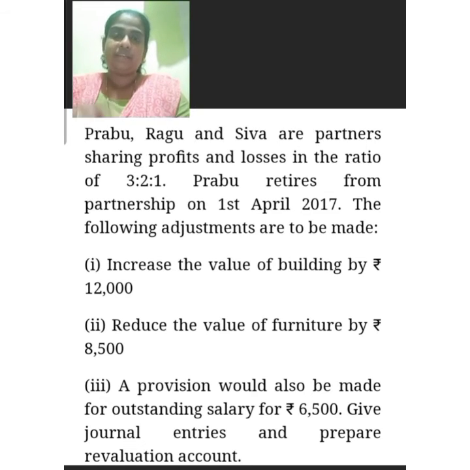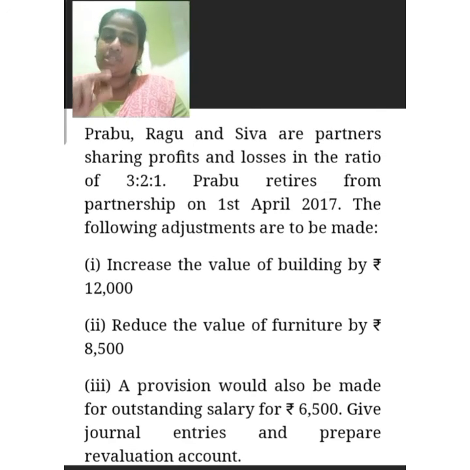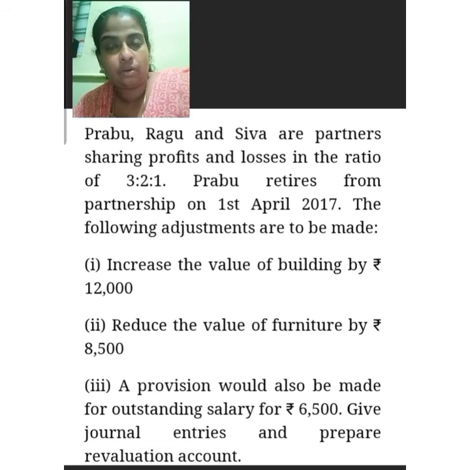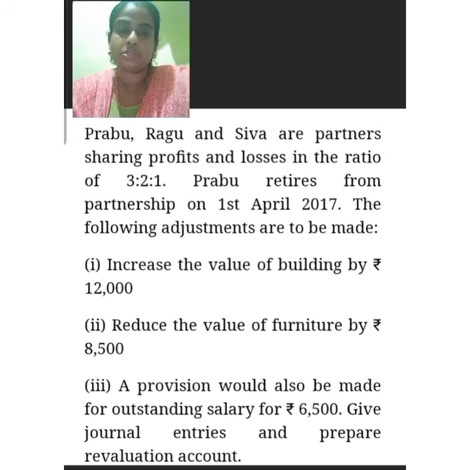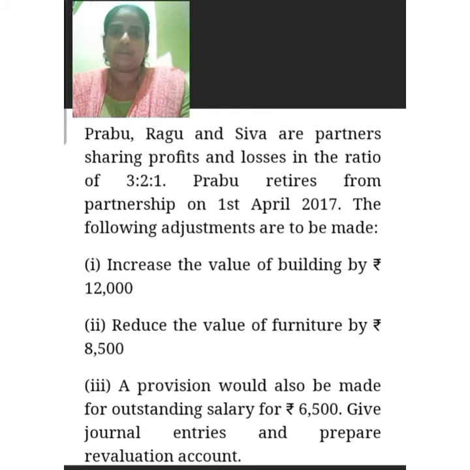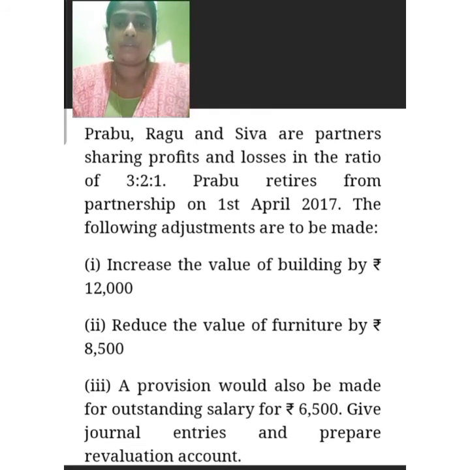If it is profit, the entry will be revaluation account debtor to Prabhu's account, to Raghu's account, to Shiva's account. If it is loss, the entry will be Prabhu's account debtor, Raghu's account debtor, Shiva's account debtor to revaluation account. After preparing revaluation account, the closing balance, that is the profit or loss, should be shared among the partners in the ratio of 3:2:1.